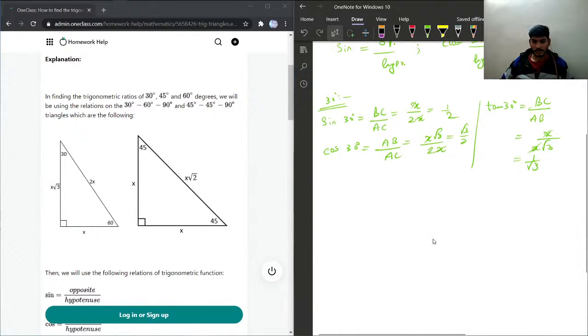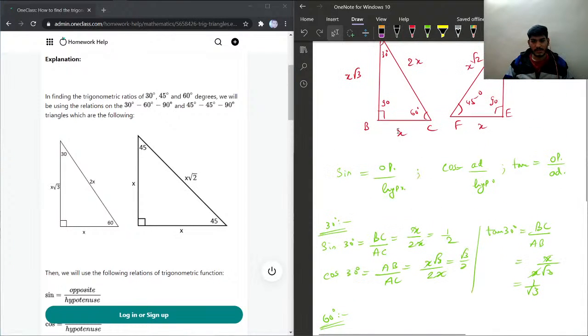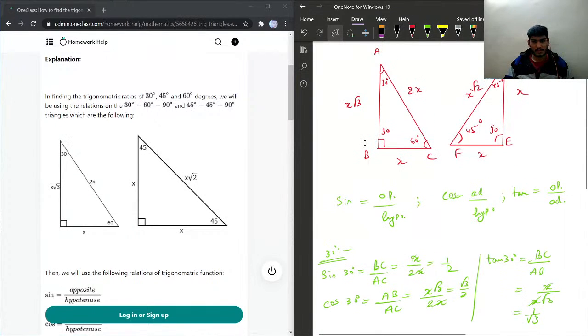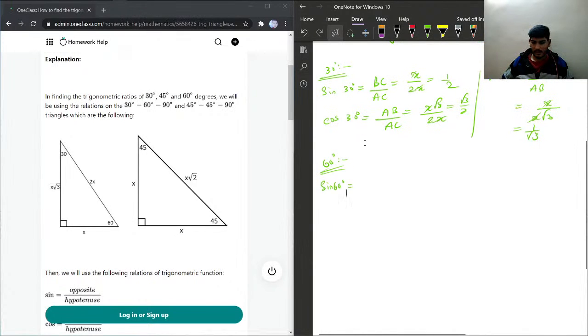We'll go for, oh sorry, 60 degree. So for 60 degree our adjacent will be this one and opposite will be this one. So I will write directly.